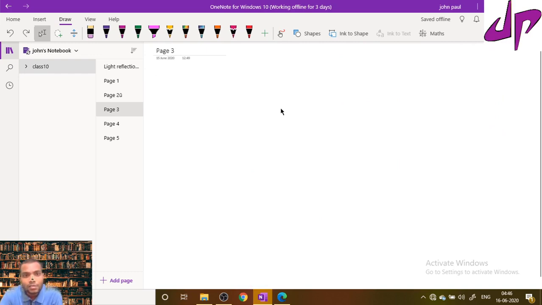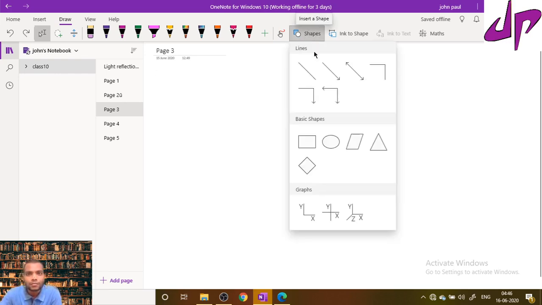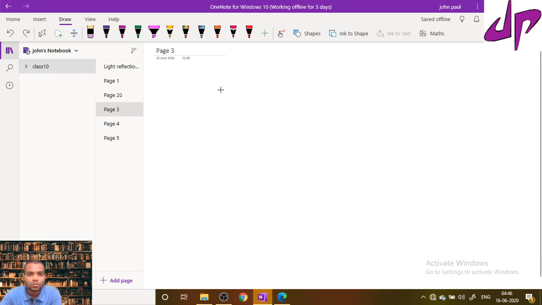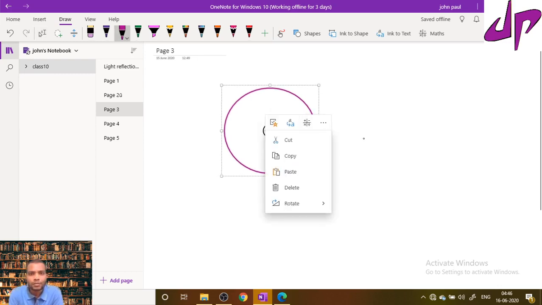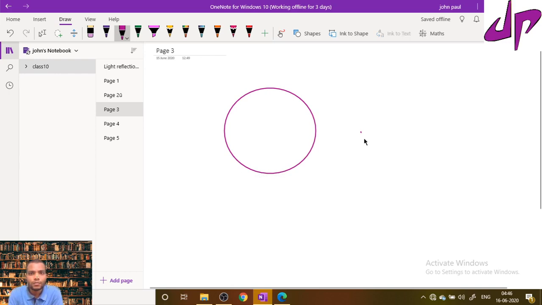Let us see some terminology we learn in ray optics. First, make a sphere. In the sphere, this is the center of the sphere.